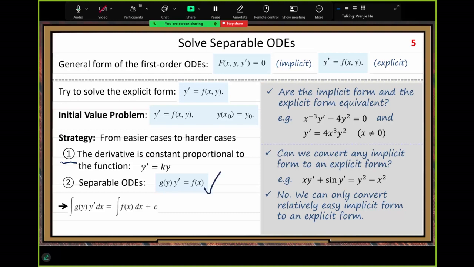If you can do this kind of separation, then you apply integration so you can solve it. So the general solution is like that.